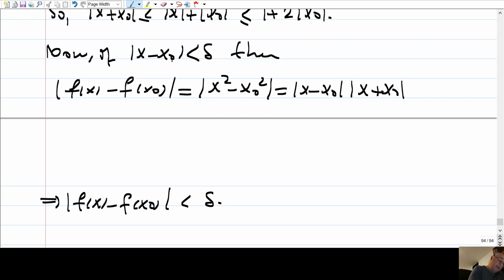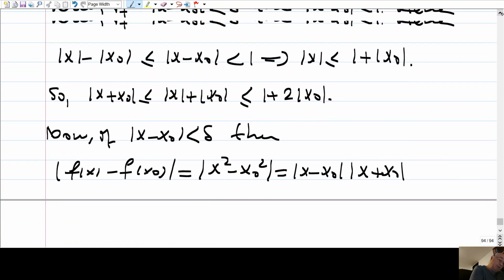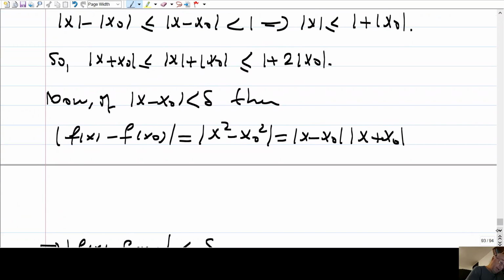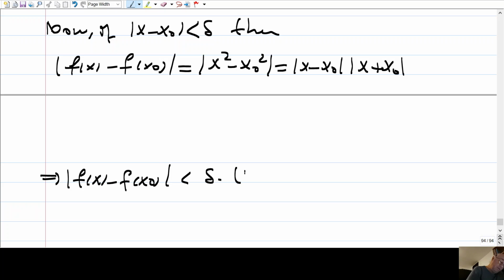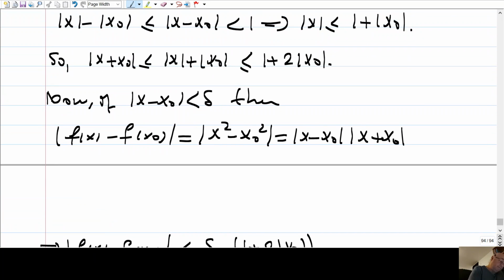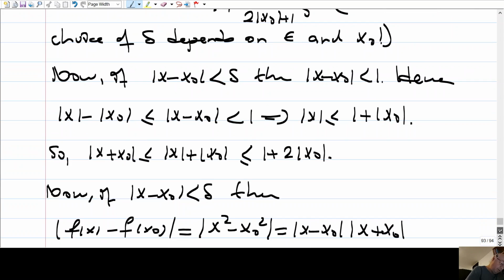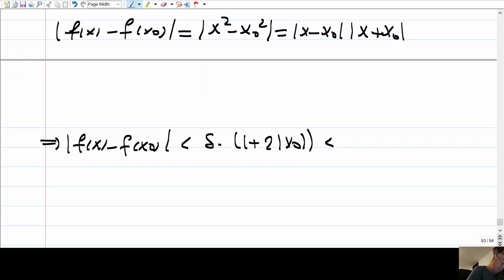And if |x minus x0| is less than delta, I know that this second expression here is less than 1 plus 2 times |x0|. But delta is chosen to be the minimum of these two, so delta is less than epsilon over 1 plus 2 times |x0|.